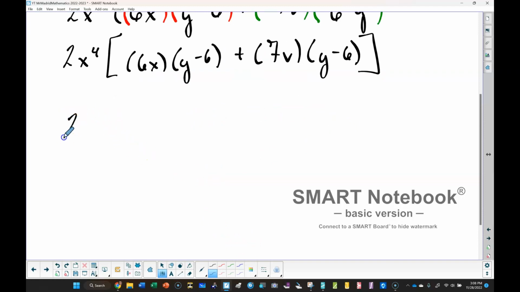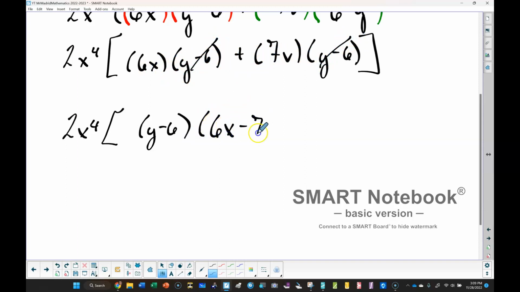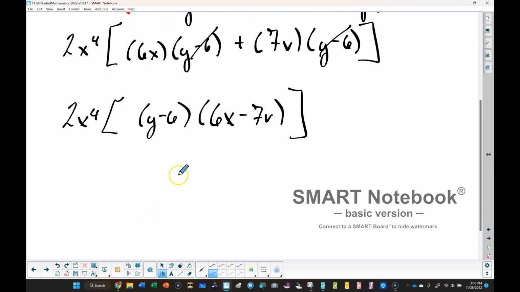Okay. So I have y minus 6. Okay. Once I take that out, look what's left over. 6x minus 7v. Okay. And last but not least, since let's see here, I want to go ahead and remove anything that's not necessary, so these brackets can be removed.